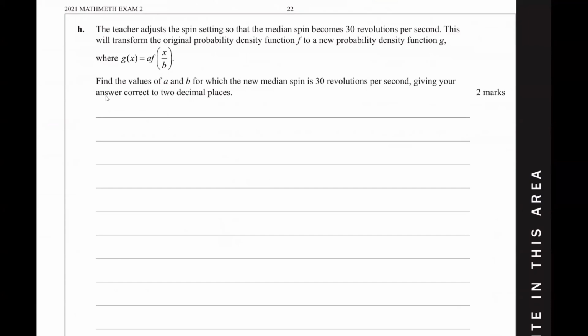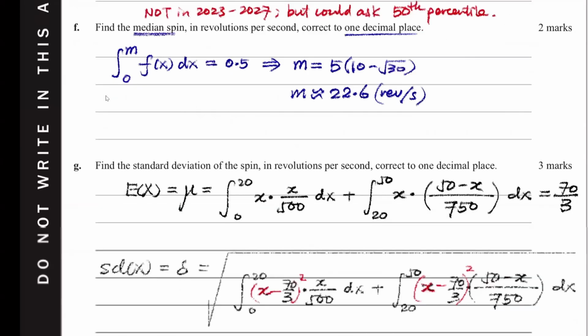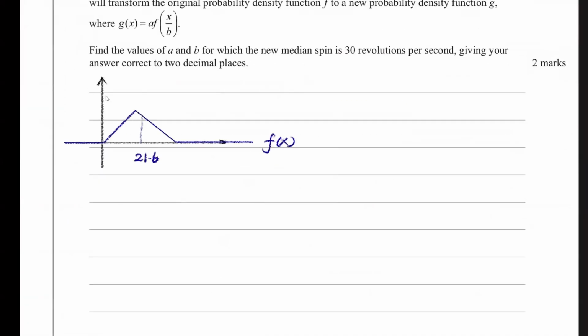So basically, if you think about the shape of the graph, I'm using blue color to represent what happens here. This is the distribution for the f of x in blue, okay? And we know the median was 21.6, I suppose, or 22.6, 22.6 something, okay?